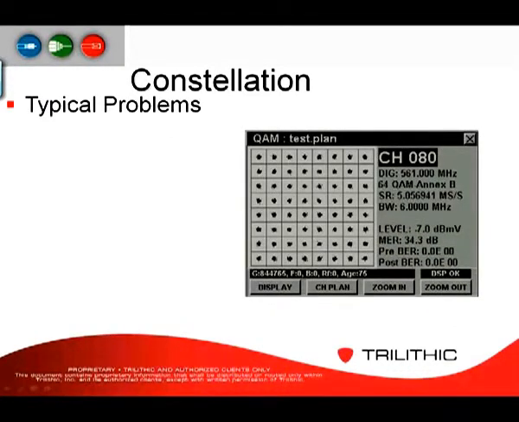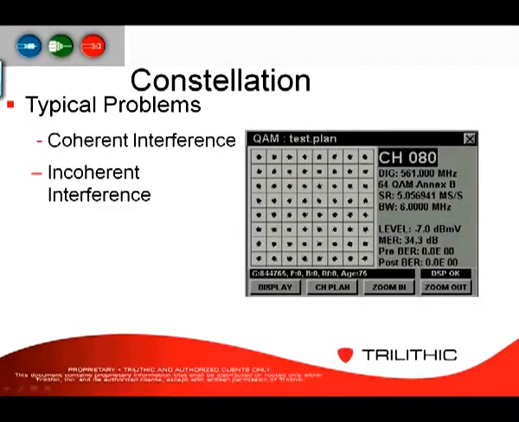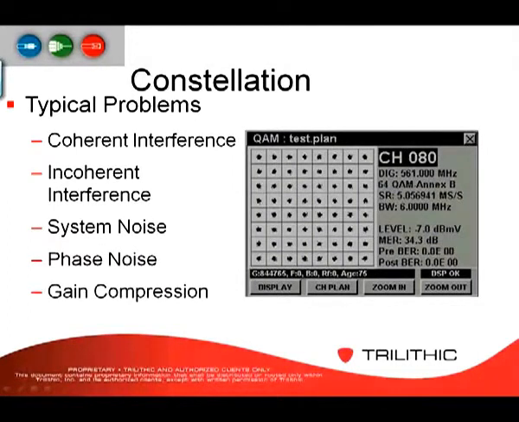Some of the typical problems that you'll run into, or that you can see when you're looking at a constellation, are incoherent interference, coherent interference, and we'll talk about each of these, system noise, phase noise, gain compression, and IQ imbalance.